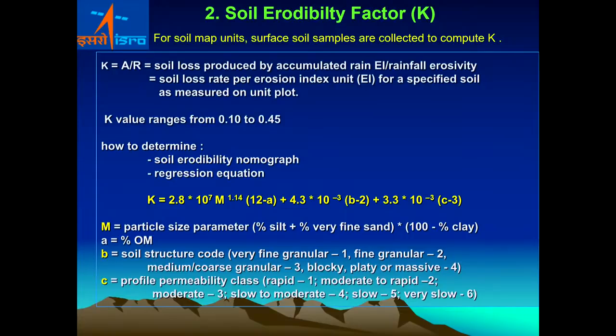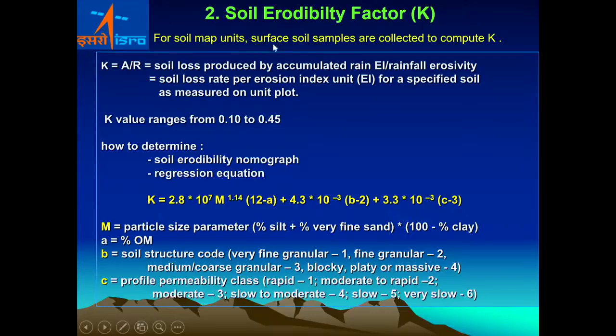The second factor is the soil erodibility factor, meaning how susceptible your soil is to erosion. So how can I estimate the erodibility factor K mathematically? I want to know the value, because we are going to use it in the erosion model. So the K value needs to be estimated. We can estimate the K value for our soil map units.